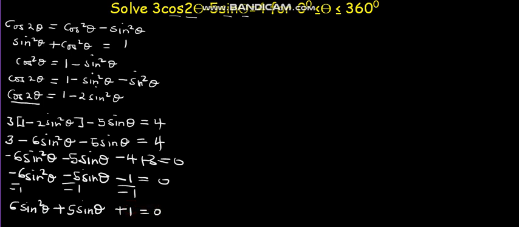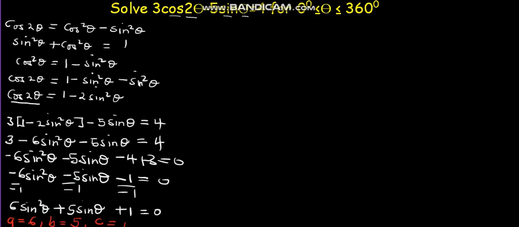Now students, if we realize the equation which we formed is in quadratic format and is in terms of sine theta, therefore we shall say our A is equal to 6, our B is 5, and our C is 1.